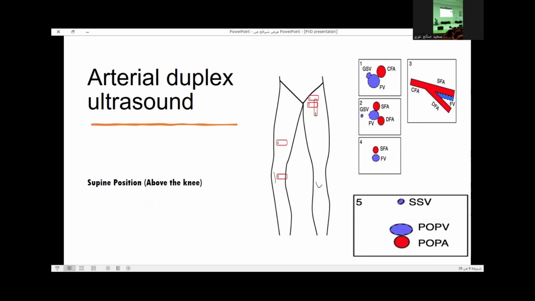At the bifurcation, we can see the superficial femoral artery and the deep femoral artery in the transverse image. In 3, in the longitudinal view, we can see it as a Y-shaped appearance.